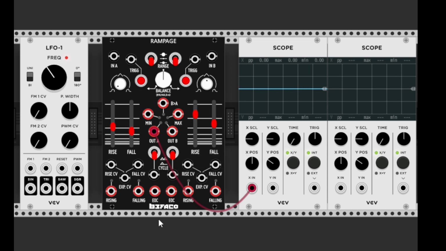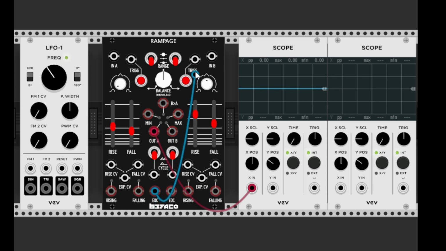But I can also use the end of cycle output to trigger other units, other envelopes or whatever I need to be triggered. Or I can use it to trigger the other of the two units, so that one follows the other. Let me do it this way.